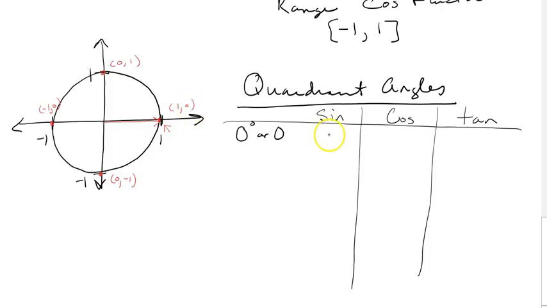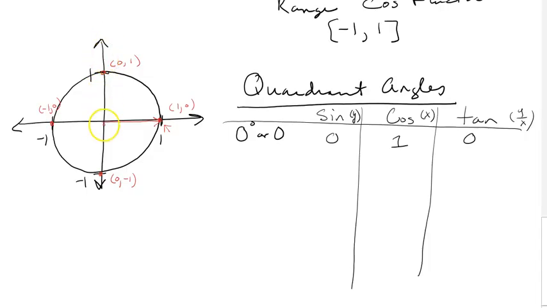Sine is your y value. Well, that's just 0. Cosine is your x. That's 1. And tan, of course, is y divided by x. 0 over 1. So sine is the y. Cosine is the x, and tan is y over x. Again, working in a unit circle makes it easy. So tan is y divided by x. That's 0.